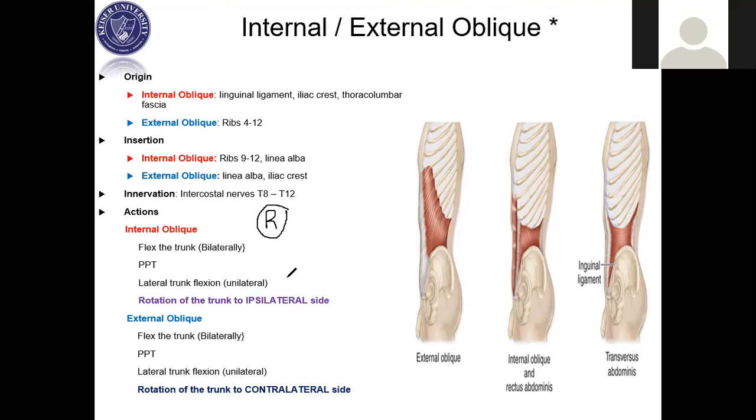So if you rotate your trunk to the right, your internal oblique, you will use the right internal oblique to go to the right, and you will use your left external oblique to go to your right.